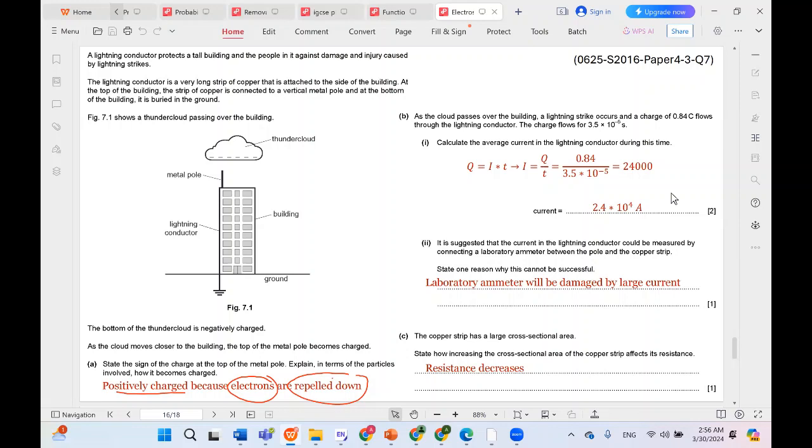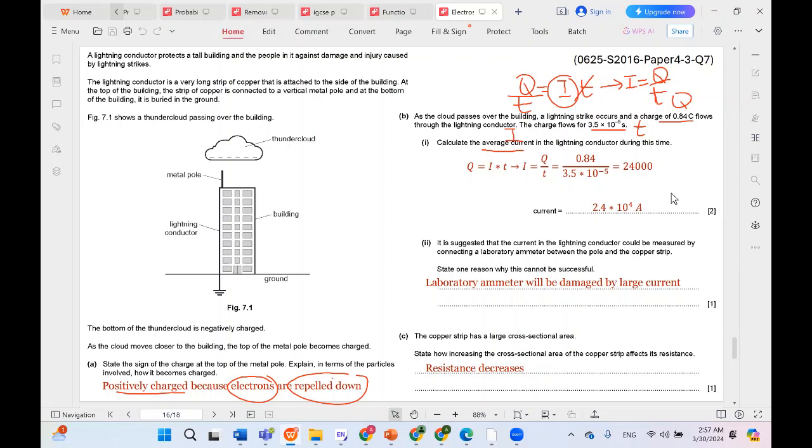We are required to calculate current, I, and we are given time, and we have Q, which is the charge. Of course, we're going to use Q equals I times T, but we want I to be alone, so we rewrite this as I equals Q over T. We just cancel out the T and bring it to the denominator here, and then we plug in the given values.